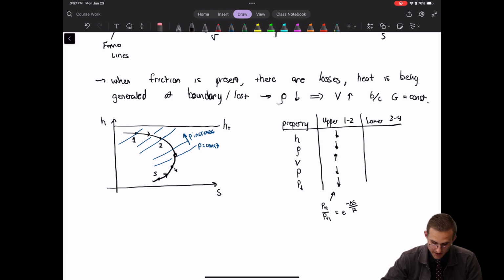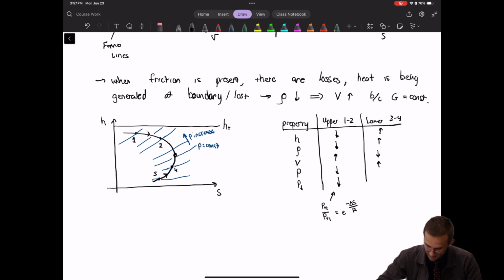But on the lower branch, it's a little different. So H is going up, and if we continue to draw in these pressure level sets, it is clear just from those two that I added that the pressure is actually going up on the lower branch. Same with the density, and then because the density is going up, the velocity must be going down.